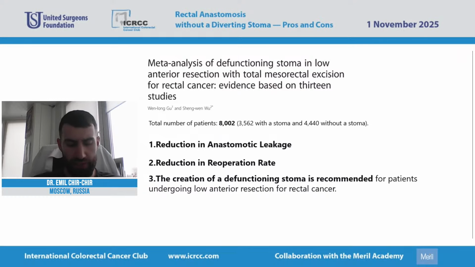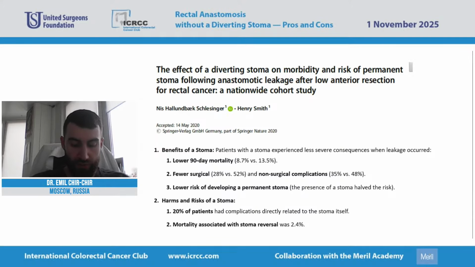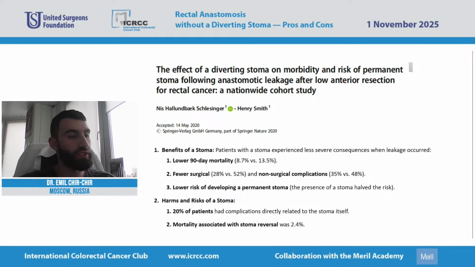Despite potential complications associated with the stoma itself and its subsequent closure, the authors conclude that the benefits outweigh the disadvantages. The creation of a diverting stoma is recommended for patients undergoing low anterior resection for rectal cancer. In another study, the authors tried to investigate how a diverting stoma affects the consequences of anastomotic leakage.